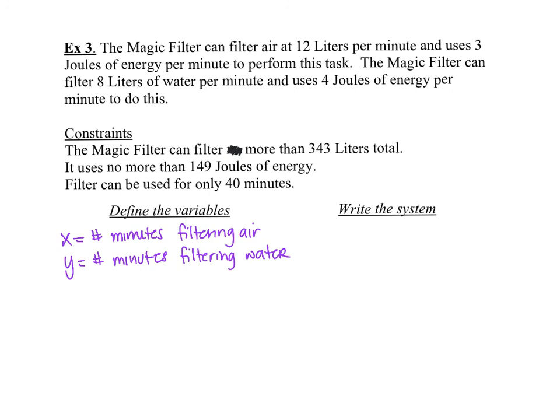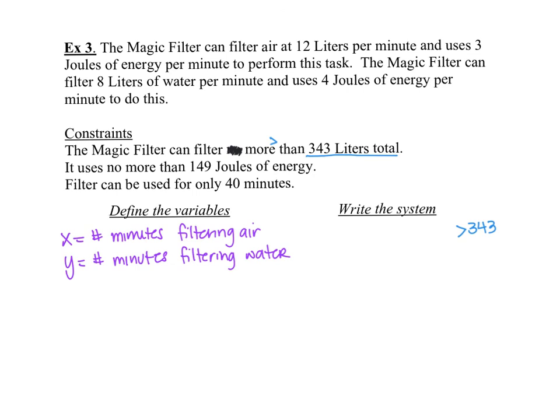Now the first constraint is that the filter can filter more than 343 liters total. It probably should say must filter. But more than 343 liters total must be greater than 343. Now I have to think about, for the air versus the water, how many liters are filtered for each one.